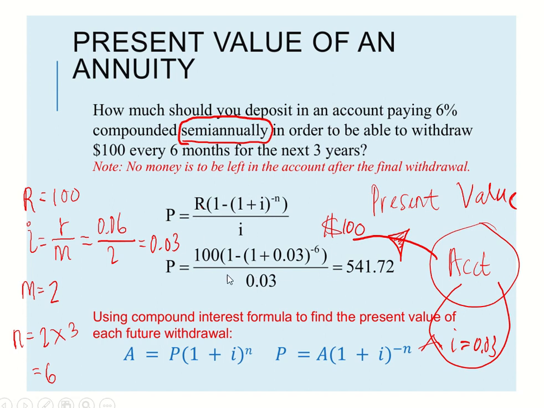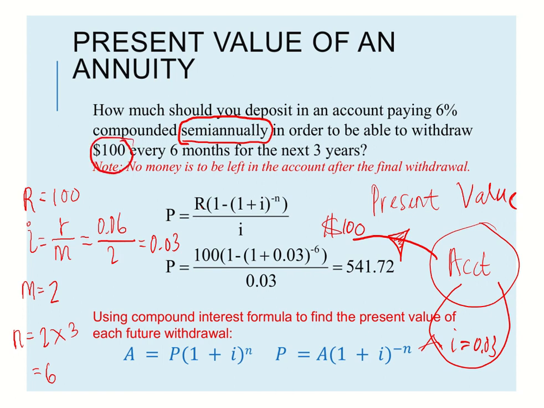Completing this calculation using the calculator, we get the present value of $541.72.